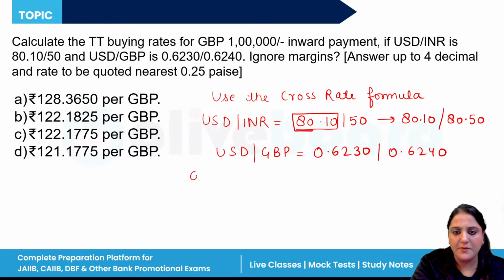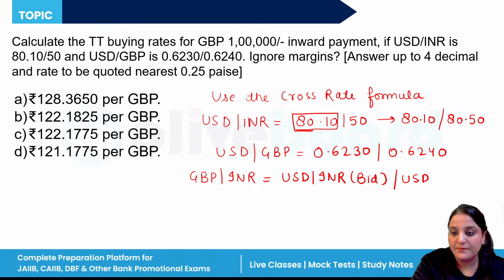So what is the formula? British pound to INR, which we have to find, equals US dollar INR, that is the bid rate, divided by US dollar British pound, which is the ask rate, right?